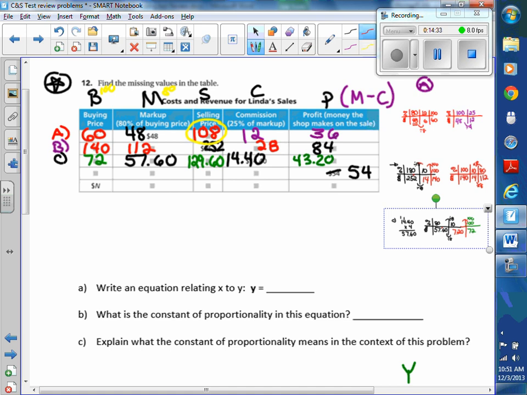I went up one on the road. 43.20 divided by 14.40, and then I found out that number, and then I figured, if I did 54 by that number, I'd get the commission. Because all the percentages are supposed to be the same. Yeah, so that would work.